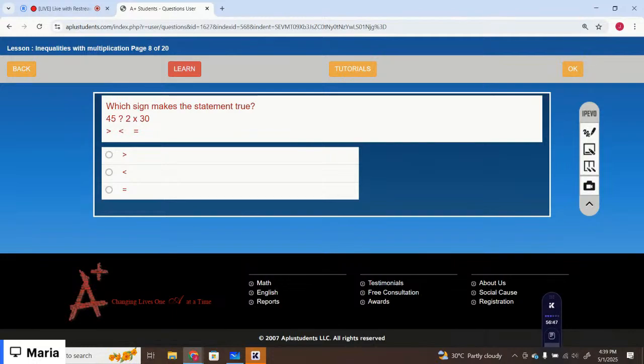Which sign makes the statement true? 45 is less than 60.